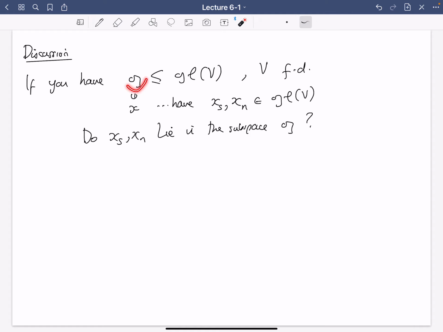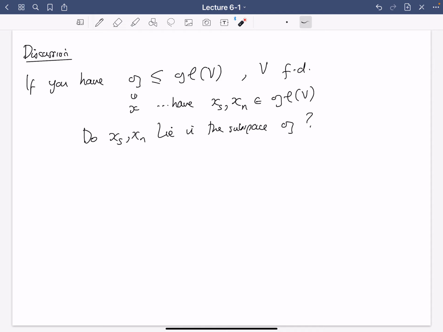If g is just some linear Lie algebra, any element of g is an endomorphism of V, and you can apply this Jordan decomposition. It has these unique semi-simple and nilpotent parts, which will just be some more endomorphisms of V.